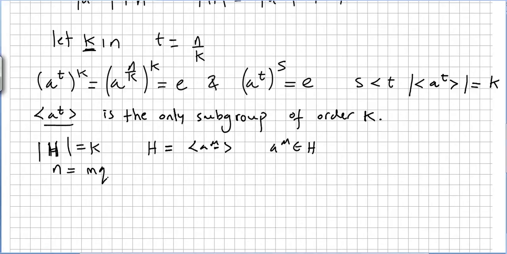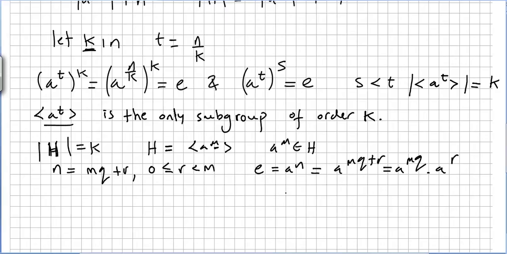N equals mq plus r, with positive numbers. So the identity equals A to the power of n, equals A to the power of mq plus r, equals A to the power of mq times A to the power of r.